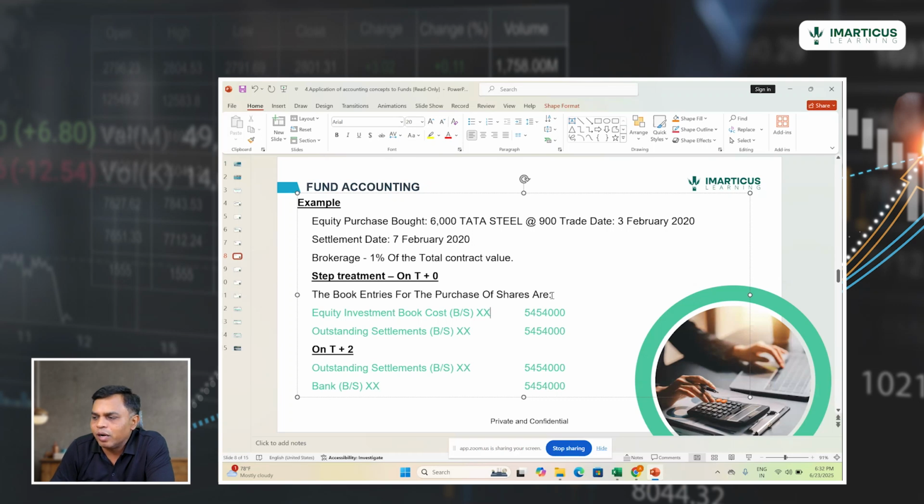Here 5,400,000 is equal to 6,000 into 900, and on the day of settlement, that is T+2, on 7th of February 2020, you will pass the entry as outstanding settlements account to bank account. So this is the entry which is passed when a transaction takes place in equity.